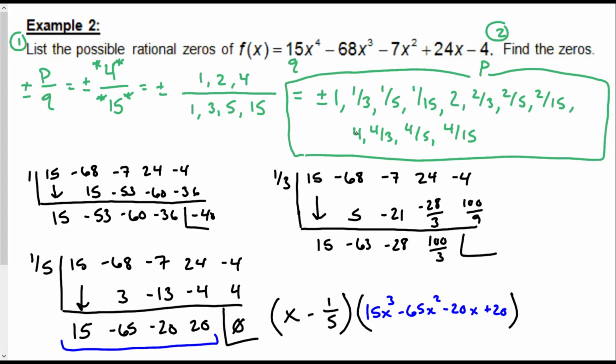Other times the list may be long. It may have dozens. But then what I want you to do is try and find one of the possible rational zeros that is in fact an actual zero. So 1/5 in this problem got promoted from it could be a 0 to it definitely is a 0.